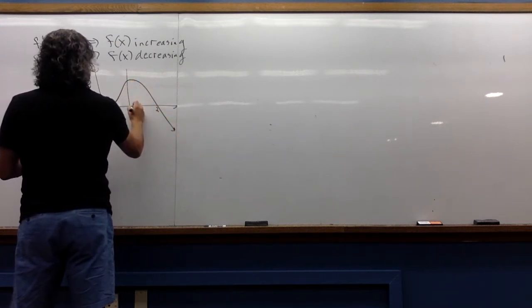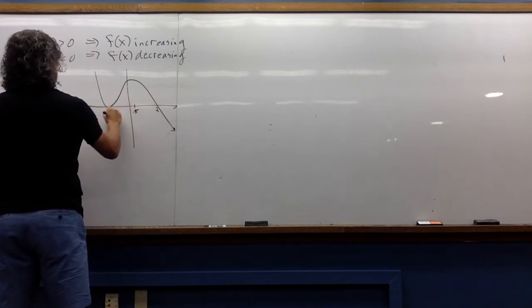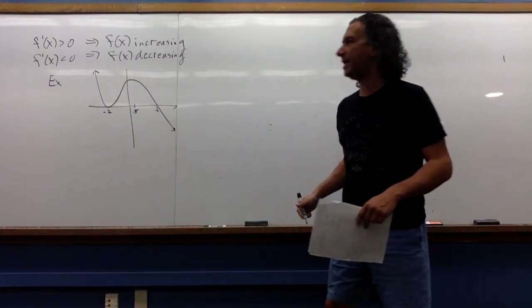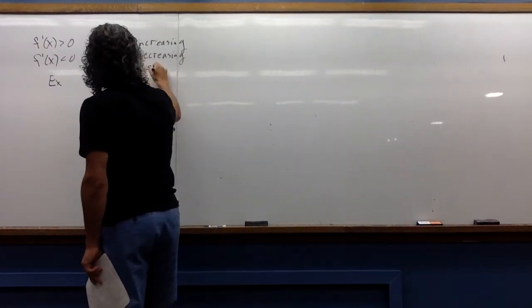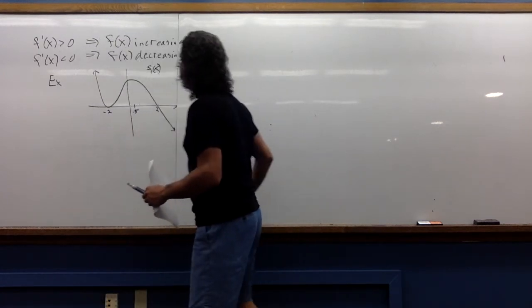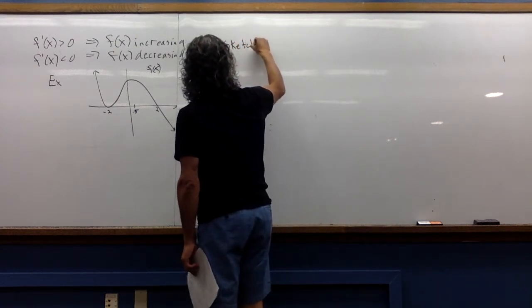Let's see, this is 0.5, it's -2. Okay, so you're given a graph, and this guy is f of x. And what I would like to do is sketch f prime of x.